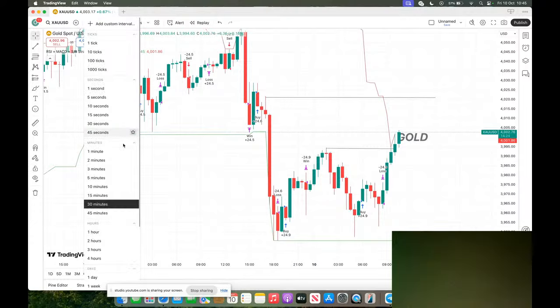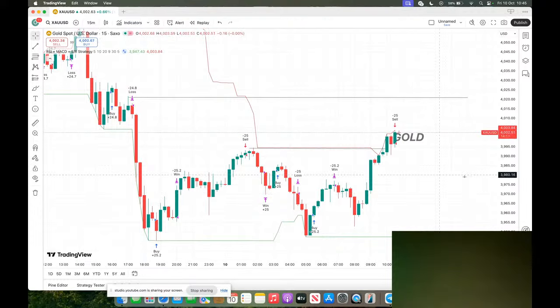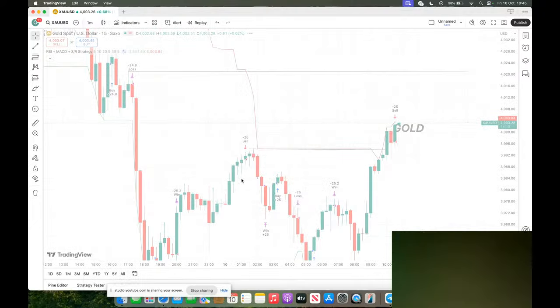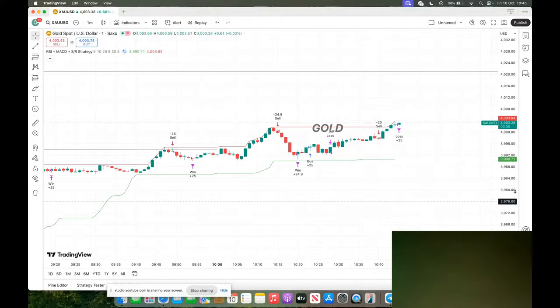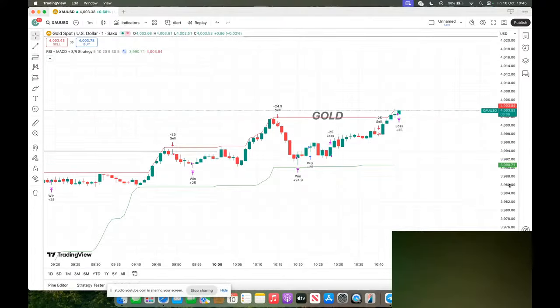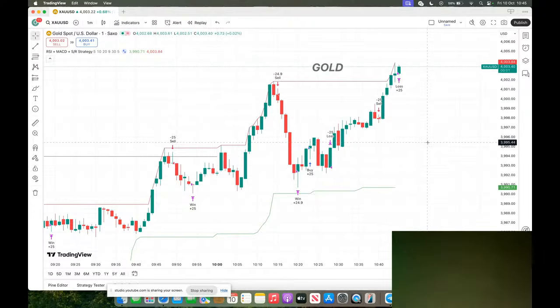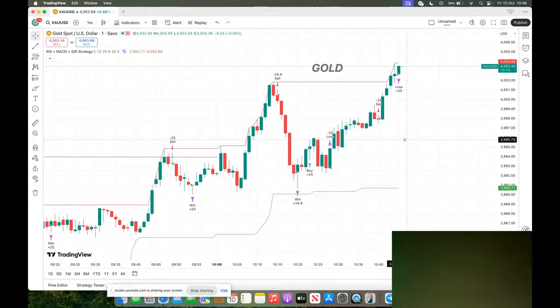A 15-minute candlestick just opened, and we still have this guy showing us a sell. Let me see if I get a sell on 1 minute. No, it is not indicating a sell. So just hold on.